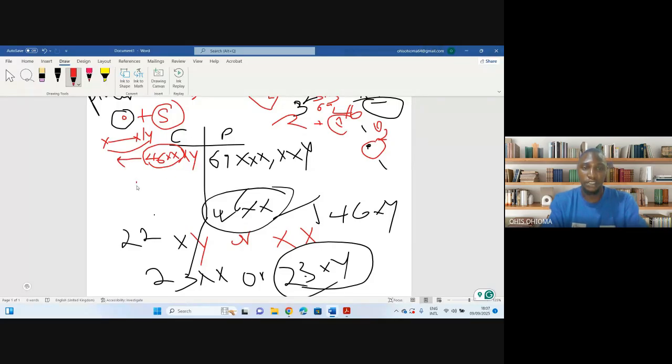And for the complete mole, there are no fetal tissues. All you would see in the complete mole is diffuse hydropic villi. So you see hydropic villi, and these hydropic villi are diffuse and hyperplastic.